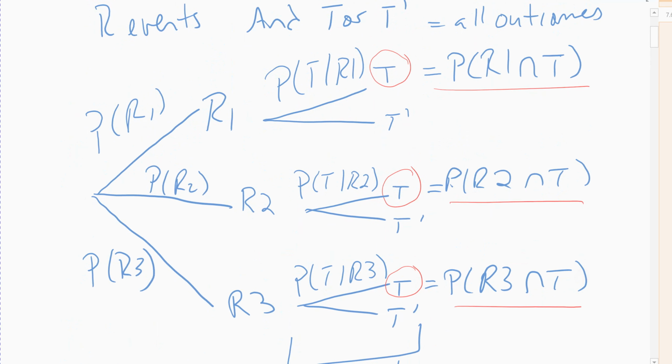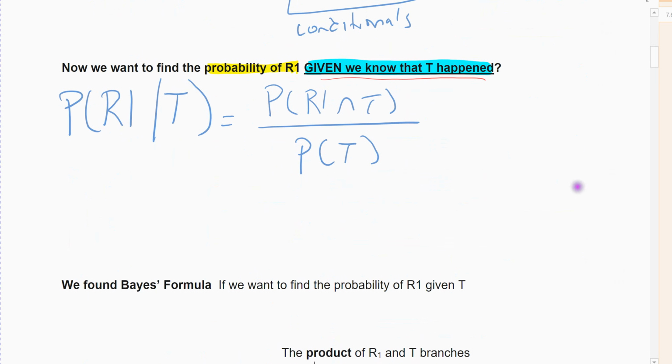I think it's just easier to go up and see, well, how could T happen? There are three ways T can happen, and I have to add up those three ways to figure out the probability T will occur. In the formula, they have it all written out, the ways T can happen.